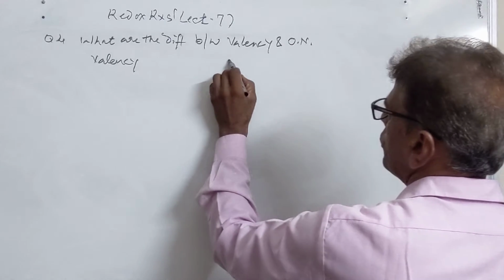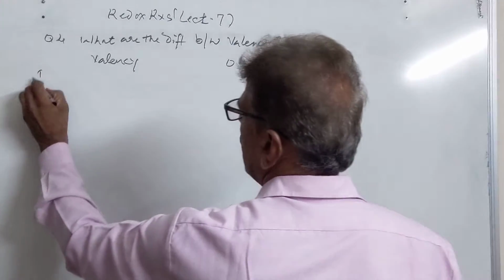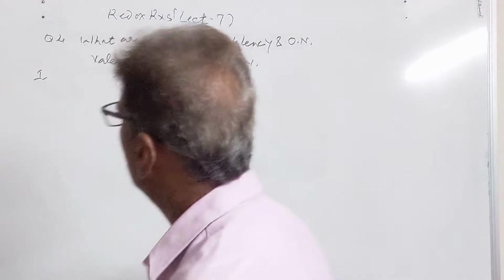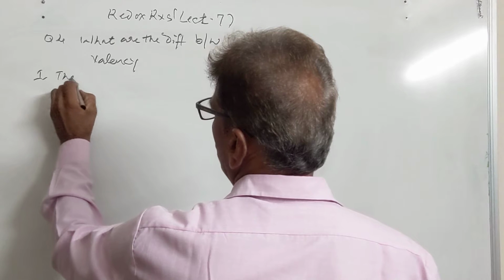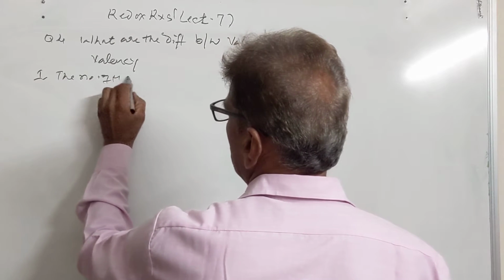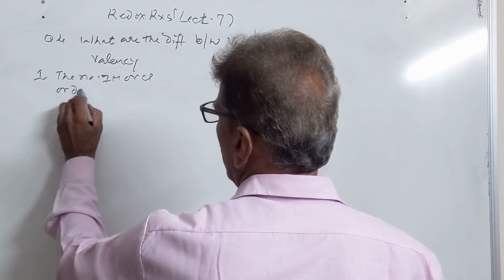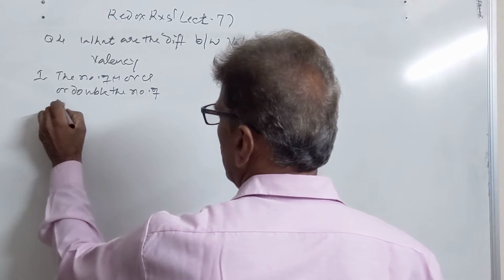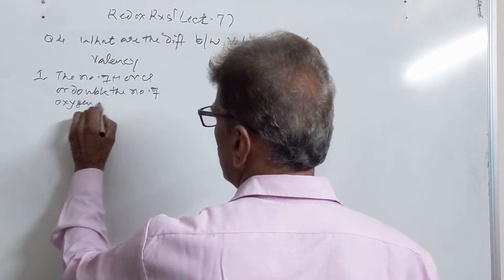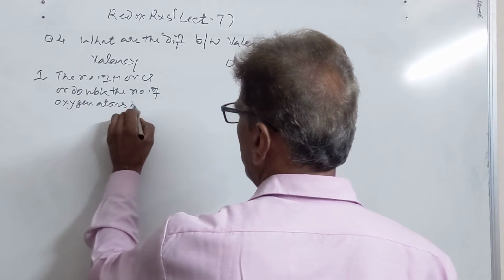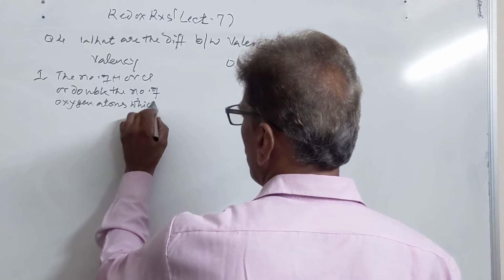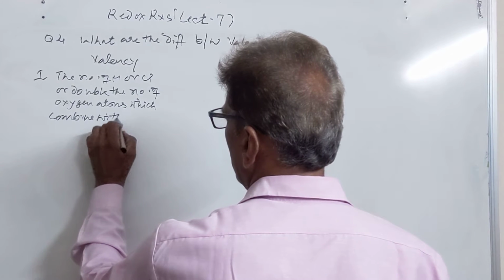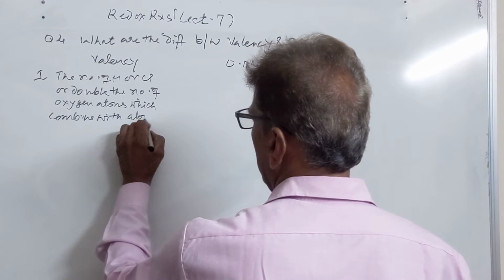Valency, as we know, is the combining capacity of the atom of an element, or the number of hydrogens or chlorine, or double the number of oxygen atoms, which combine with an atom of an element.